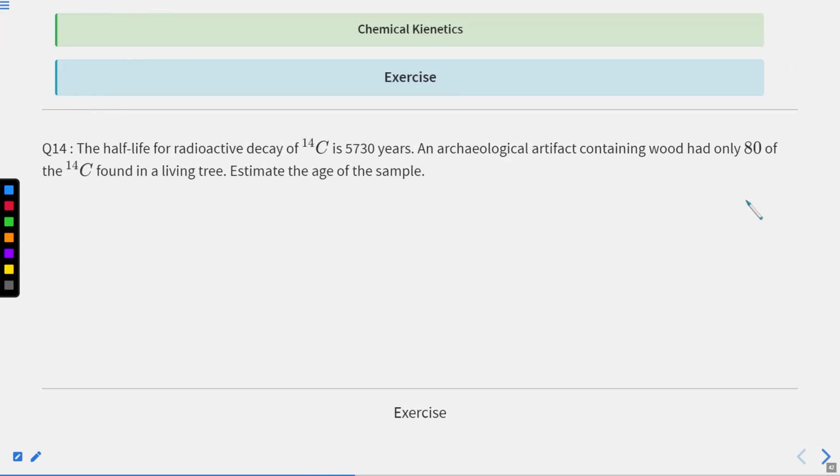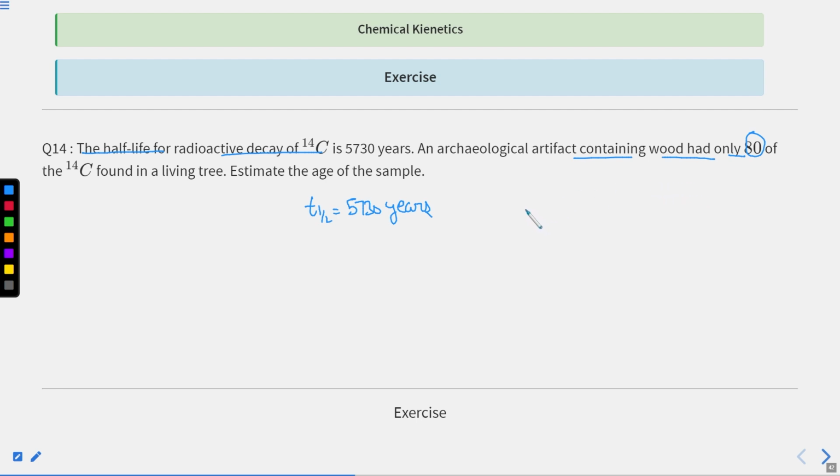Question number 14. What does question number 14 say? It says that for a radioactive decay, the half-life is given as 5730 years. Now an archaeological artifact containing wood had only 80% of the 14C found in a living tree.